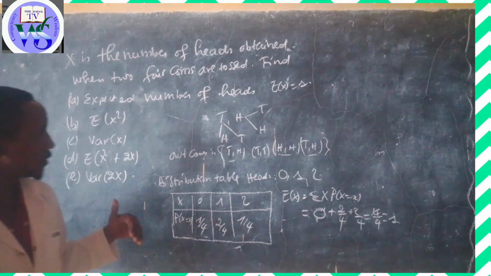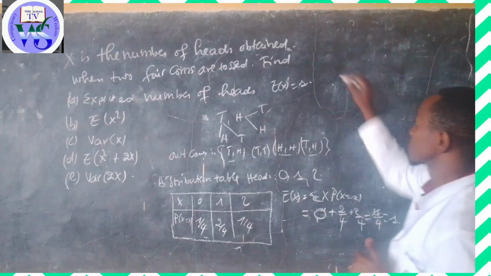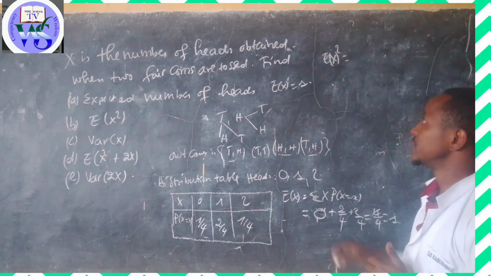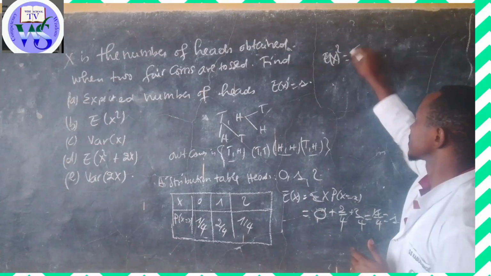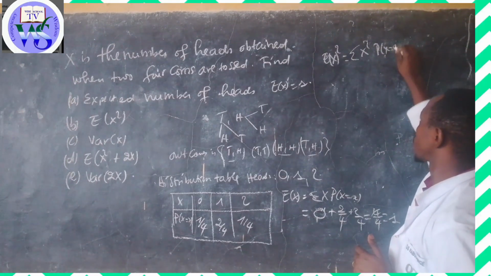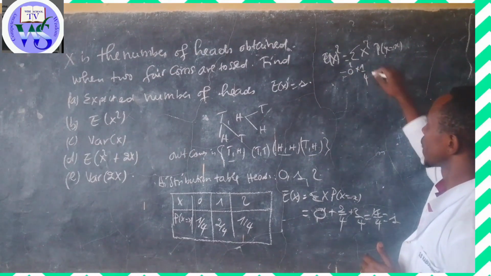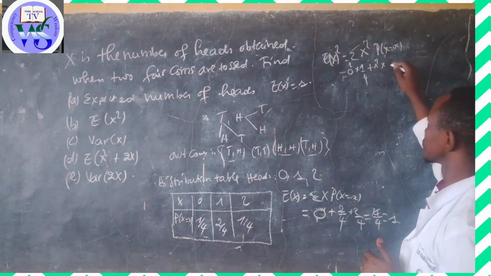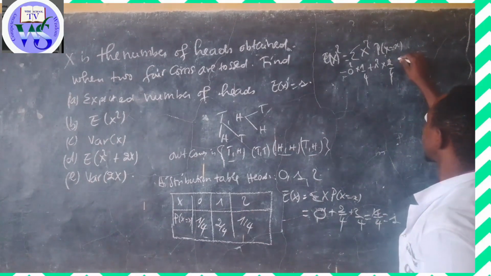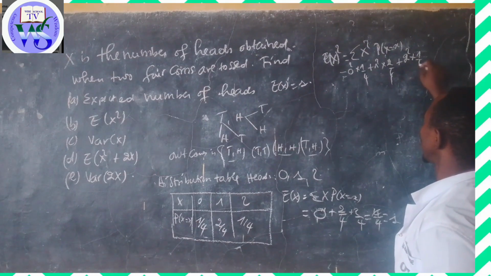We also need to find E(X squared). E(X squared) is the summation of x squared times P(x). So it equals 0 squared times 1 over 4, plus 1 squared times 2 over 4, plus 2 squared times 1 over 4.